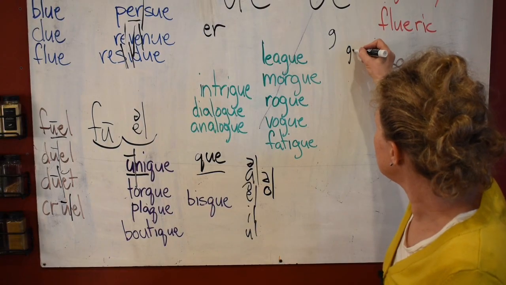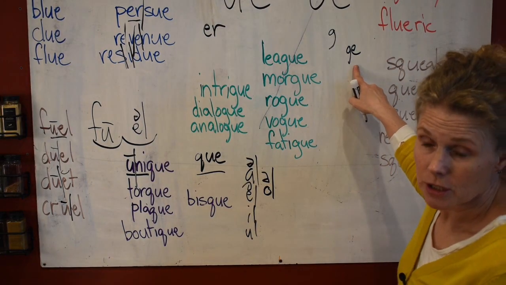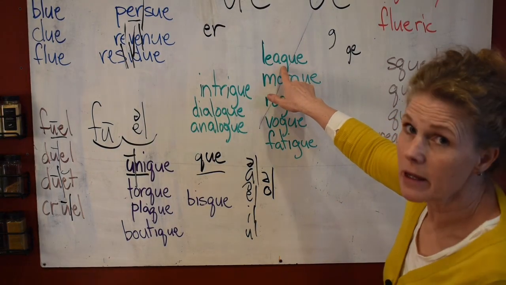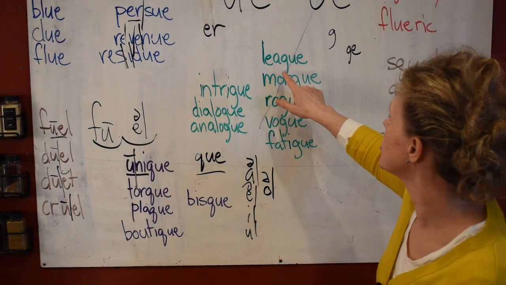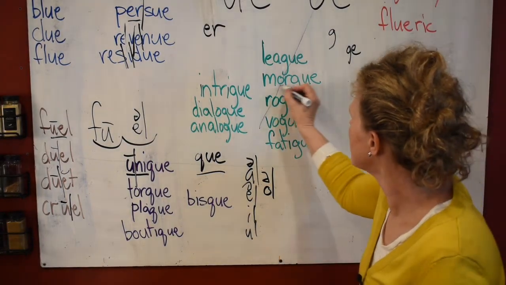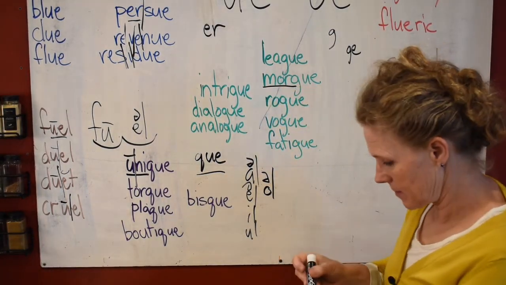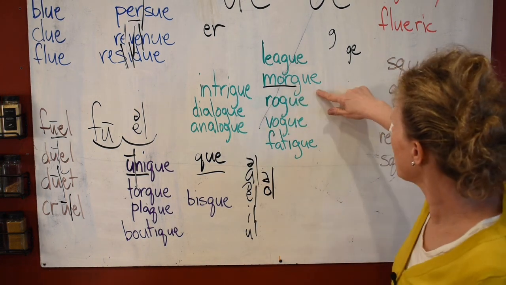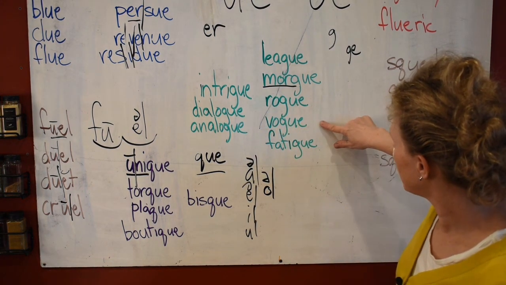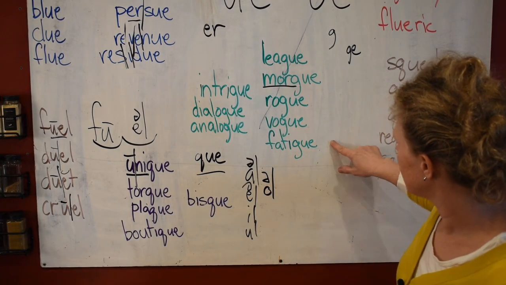If you see a G-E, it's going to say J. But if it's G-U-E, it's probably from a different language. League, morgue, right here, that is Latin, means death. Morgue, rogue, vogue, fatigue.